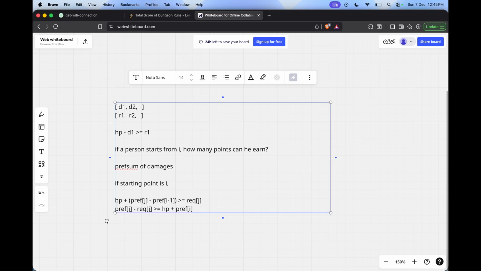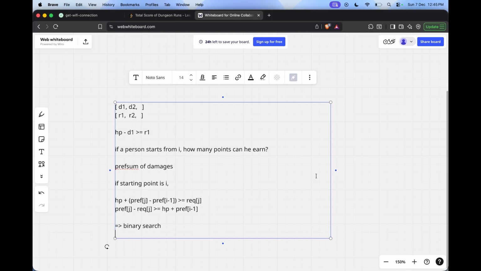Then we need to calculate all those values that are greater than HP plus prefix at I minus 1. This gives us all the points that give us a score starting from index I. And how can we calculate this? We can calculate this using binary search.